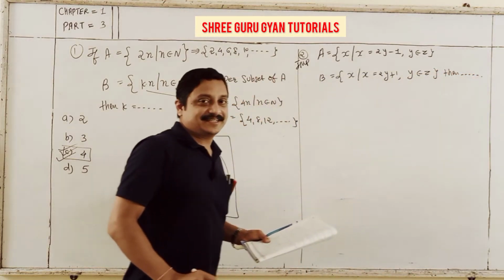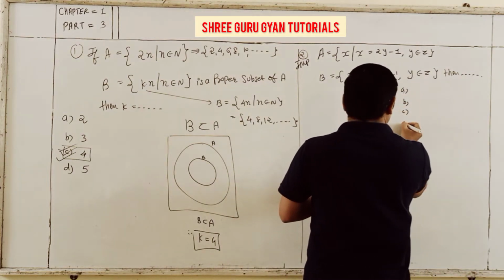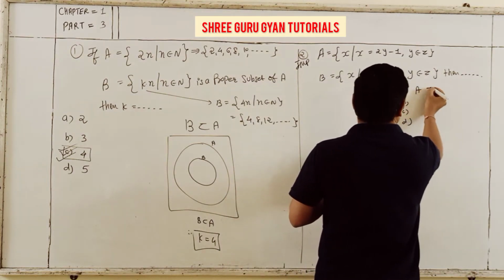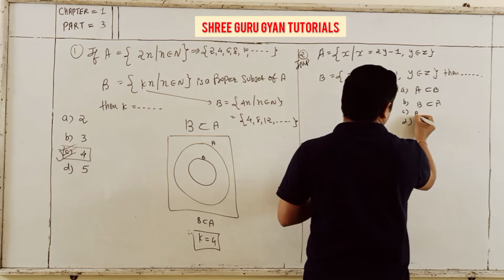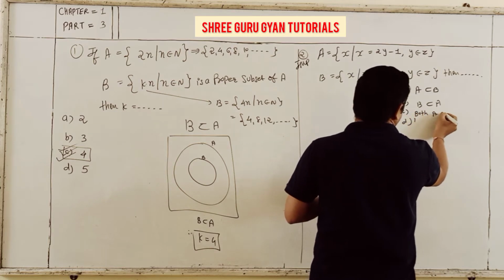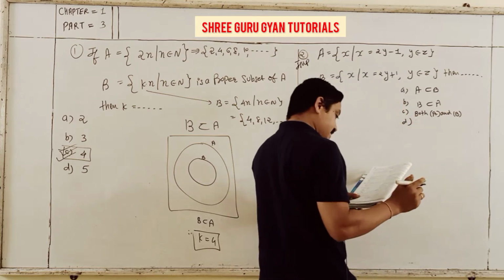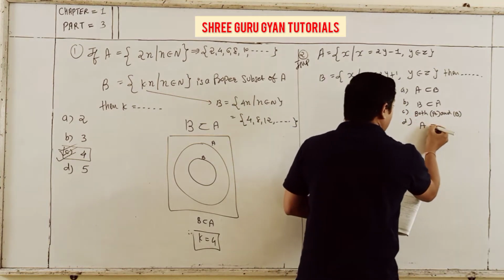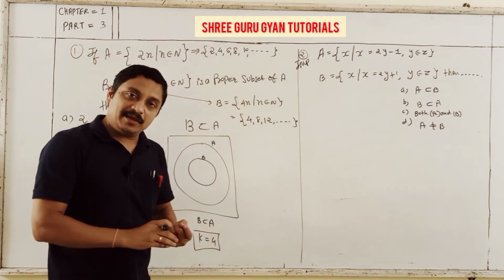This question also depends on options beta. So you write first option A subset B, second B subset A, third both A and B equal, and D is A not equal B. This is not an easy sum. I will explain deeply one by one.